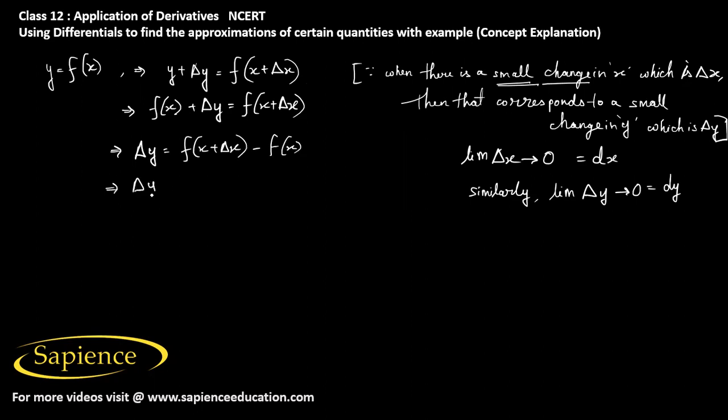Now if we do delta y by delta x, then that will be equal to f of x plus delta x minus f of x divided by delta x. Now here limit delta x is tending to 0, and here also limit delta x is tending to 0. It means the change I am saying is very small.